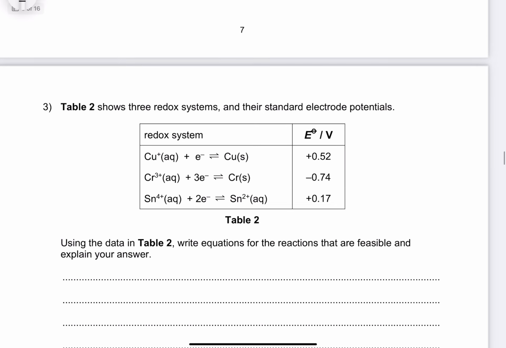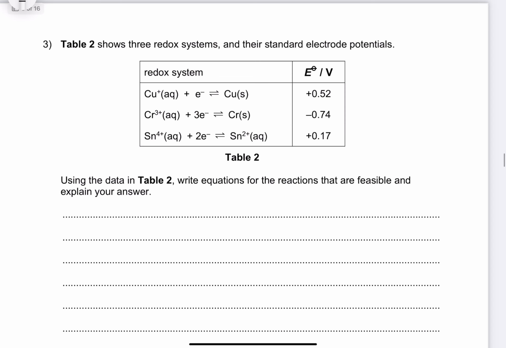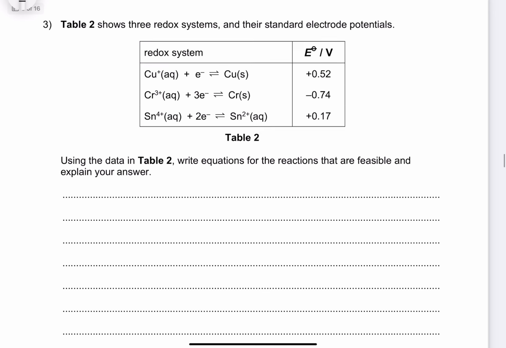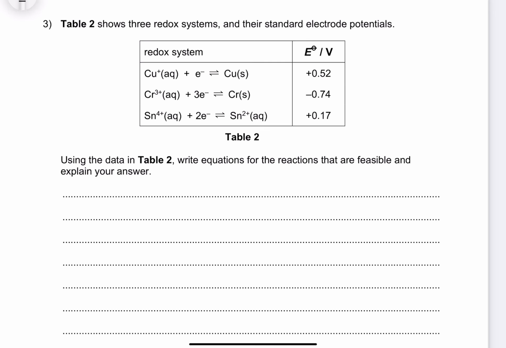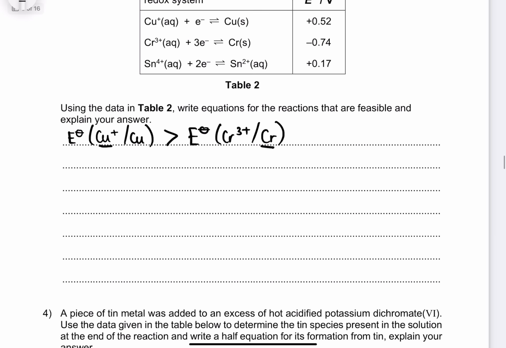Our next question shows us 3 redox systems and says, write equations for reactions that are feasible. So remember, they're feasible if one species has a more positive value than the other. So we just start at the top and start making combinations. The electrode potential for copper plus copper is greater than that for chromium 3+ chromium, which means Cu+ will react with chromium and oxidize it.